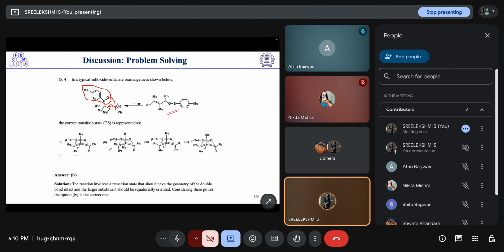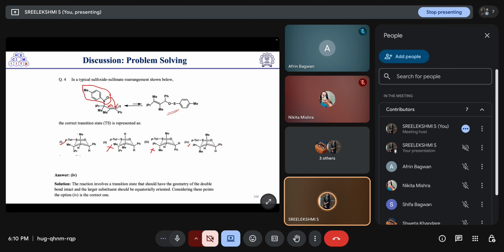So except in this option, in this also methyl is above, phenyl is above. Here methyl is below, phenyl is above. Here also we can see this methyl is above but phenyl is below. Here methyl is above, phenyl is above. So the possibility is for this 1 and 4. That is the first condition: for the sulfoxide sulfonate rearrangement, the double bond geometry is not changing.